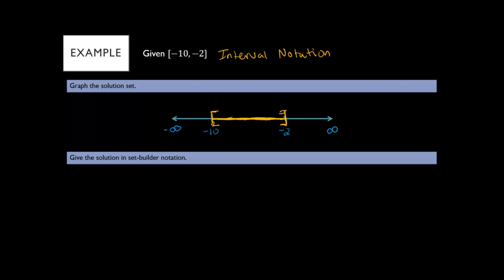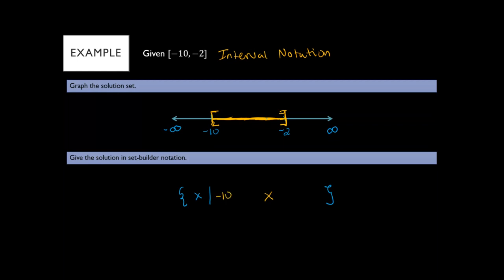So that's graphing, easy enough. Next is SetBuilder notation. So I'm going to do my curly brace, X, vertical bar, gap. So now I've got two numbers, which tells me my X is always in the middle. And let me actually change that color back to the orange. So I'm trying to figure out my inequality.